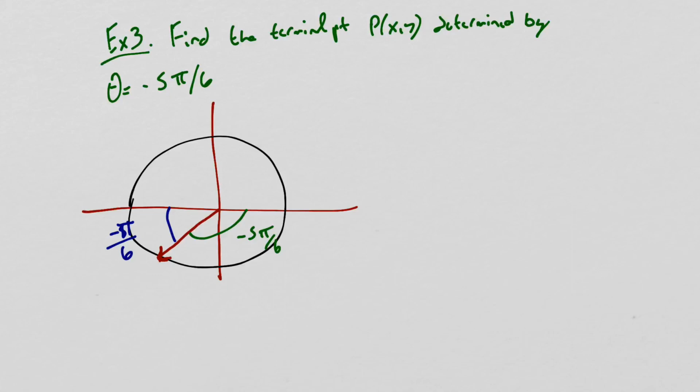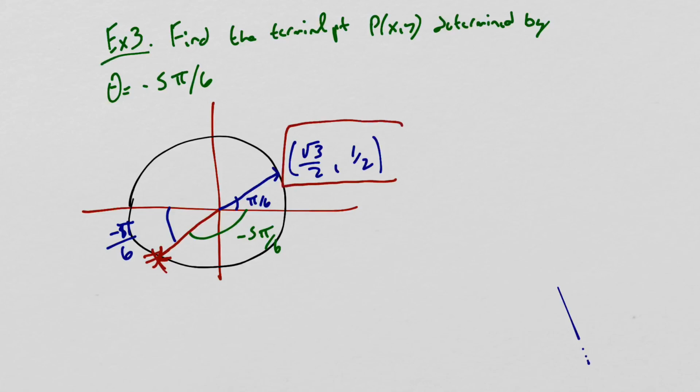The point that's determined by pi divided by 6 lives in the first quadrant again. And the value of this point is given by the square root of 3 divided by 2 and 1/2, which means the value of the point determined by negative 5 pi divided by 6 is going to have the same component values as this number here, but the only thing that's going to change is the signs.